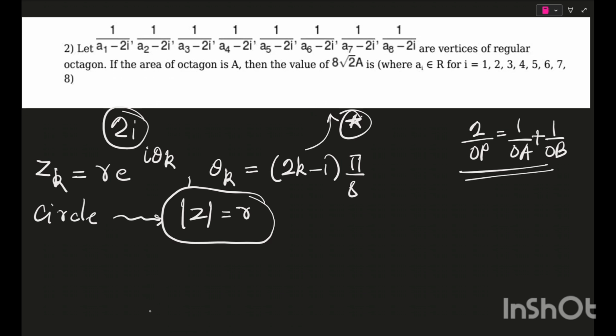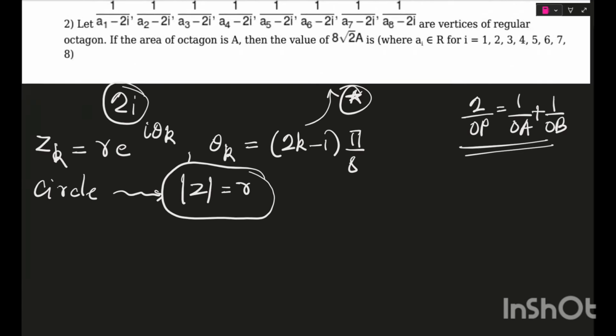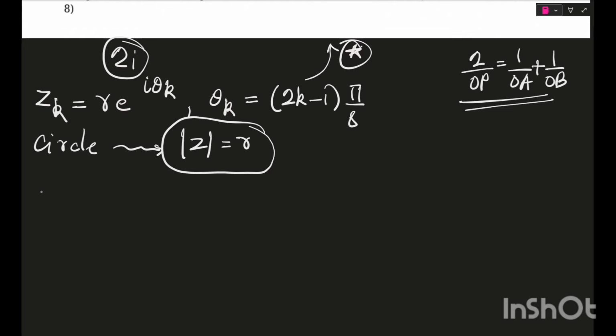Now the real challenge is how do we express these in terms of complex numbers. For that, the first thing, which anybody will do, is compare zk with the general fractional term given, ak minus 2i. That is actually the first thing you need to do, don't take it comically otherwise.